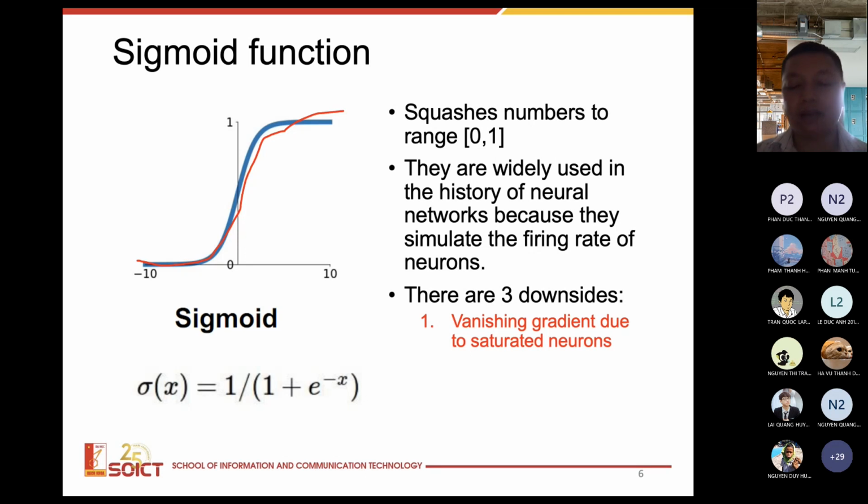However, there are three downsides of using the sigmoid function as the activation function in a neural network. The first is the vanishing gradient problem due to saturated neurons. You see the shape of the sigmoid function here, right?